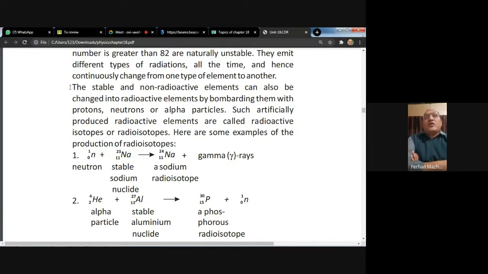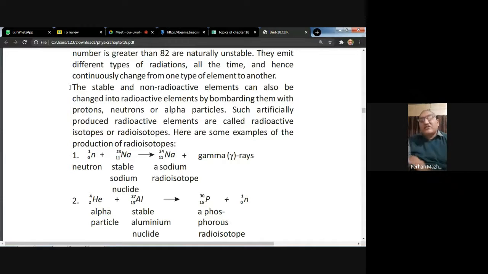The stable and non-radioactive elements can also be changed into radioactive elements by bombarding them with protons, neutrons, or alpha particles. Such artificially produced radioactive elements are called radioactive isotopes or radioisotopes. Here are some examples of the production of the radioisotope. So you can give the examples. Once you are done with this, this is the first part of that question.